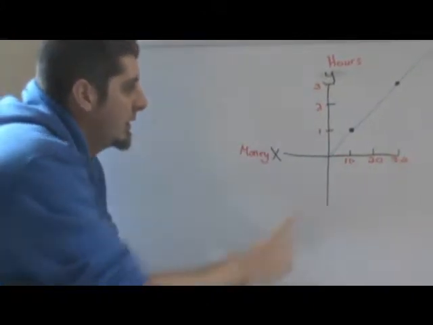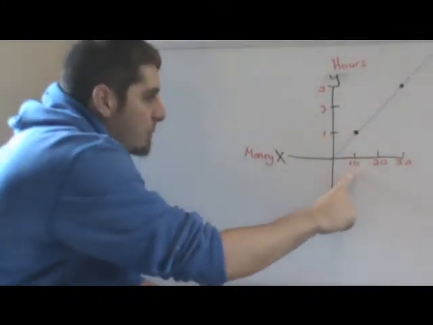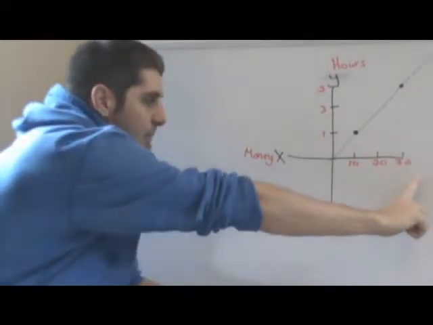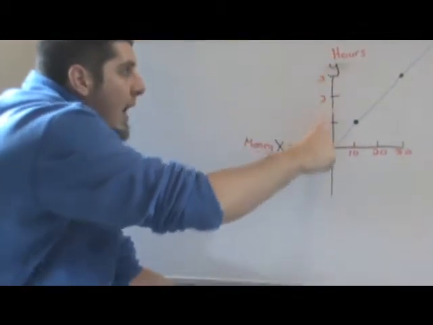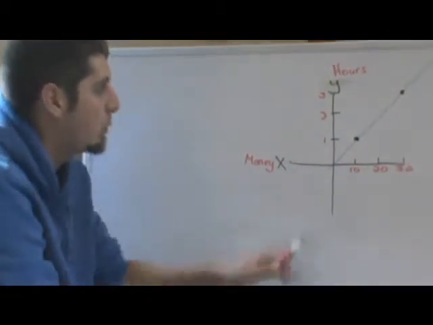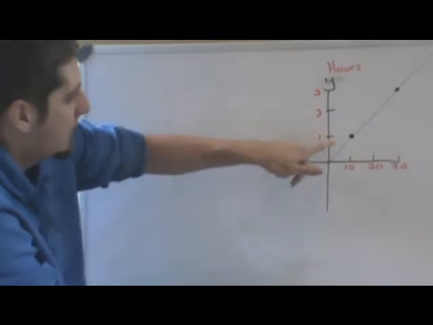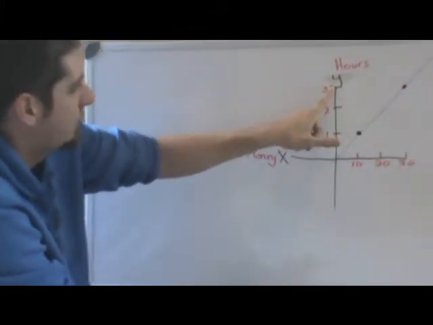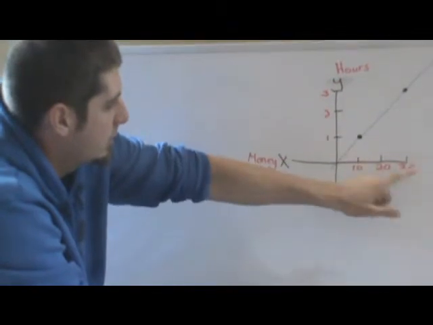So if you take a look at this, after 1 hour, this person's made $10. Okay, so the x-axis represents the money made, and the y-axis represents the hours worked. So after 1 hour, $10 has been made. You can see at the other point here, after 3 hours, $30 has been made.